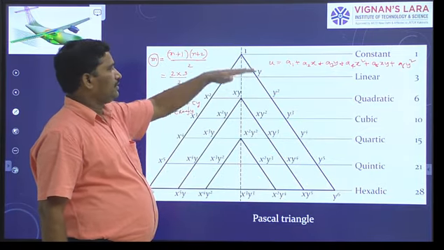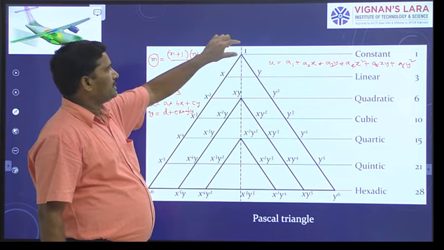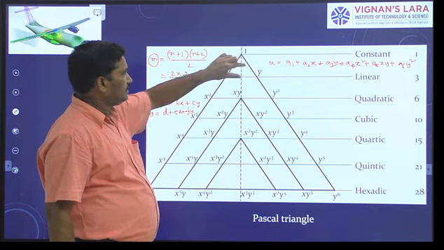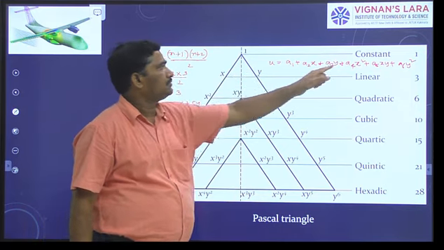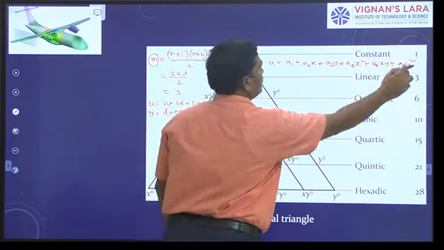Up to this we take all these: constant term, x term, y term, x square term, xy term and y square. How many terms are there? Total 6 terms.